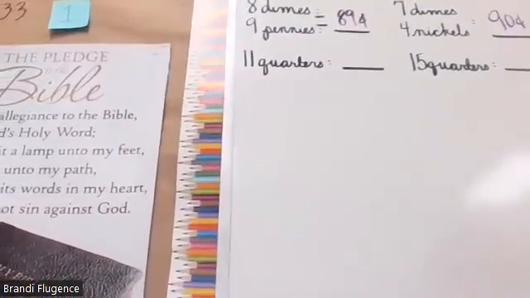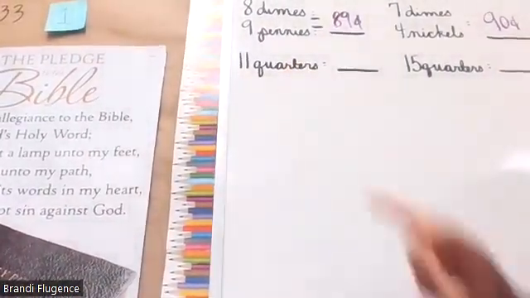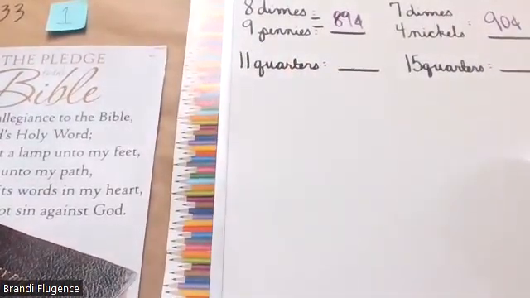So this is our quarters. 25, 50, 75, $1. So here we have 11 quarters.